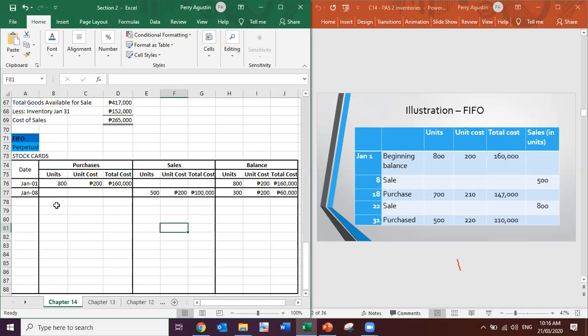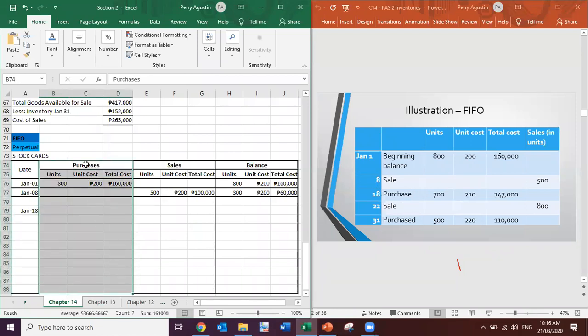So let's move on to our January 18 purchases. For our January 18, we have purchases. Which column are we going to put it under?